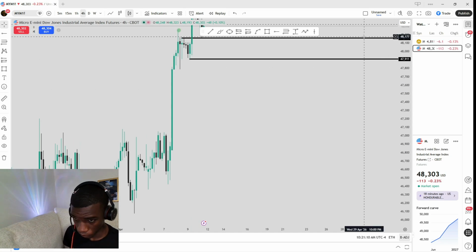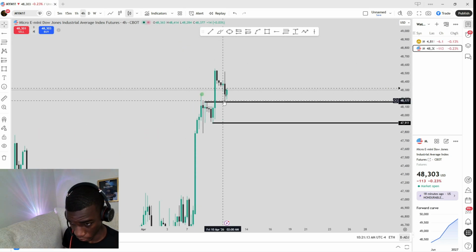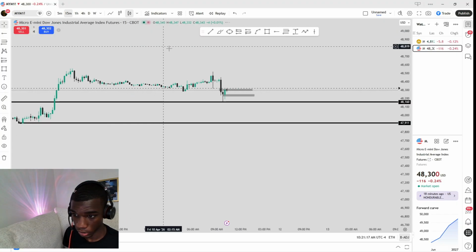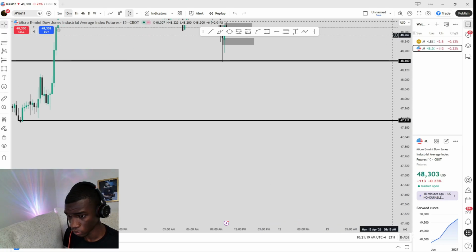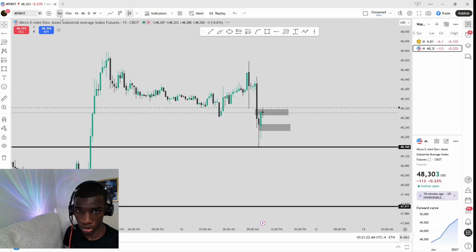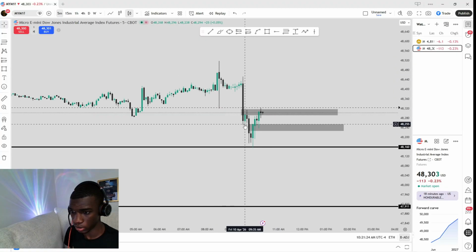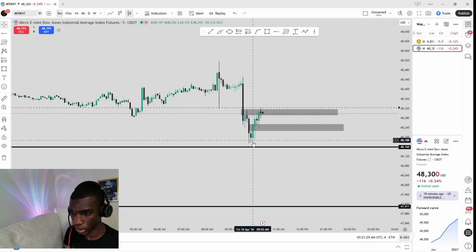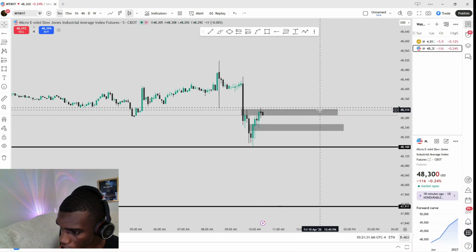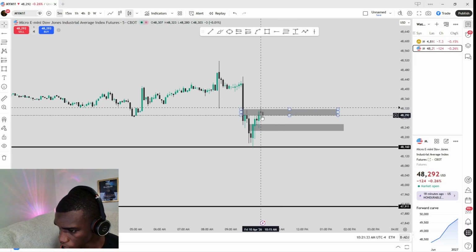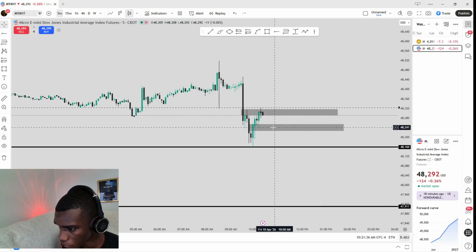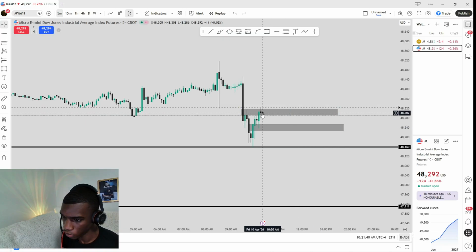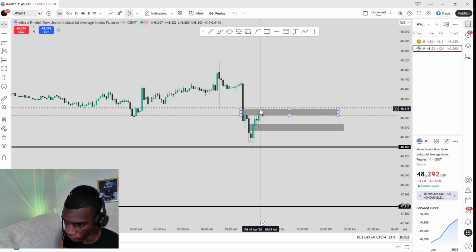And for this, price actually came to this level here, and then I'm just watching this. Price came to this, created a lower low, lower high, lower low, and now price is back at that level.